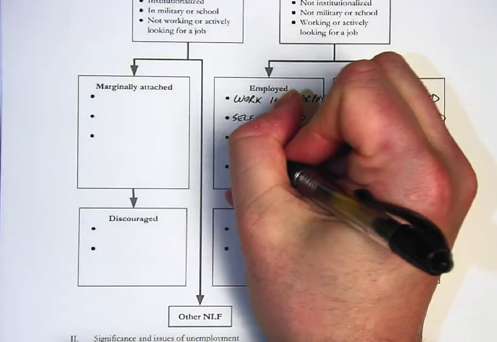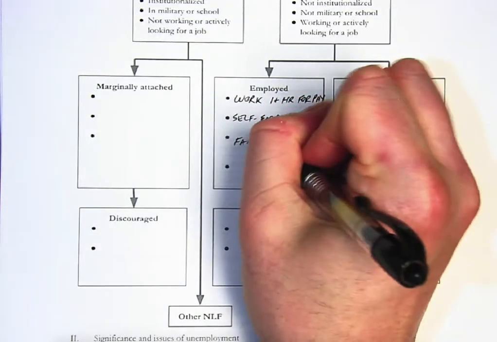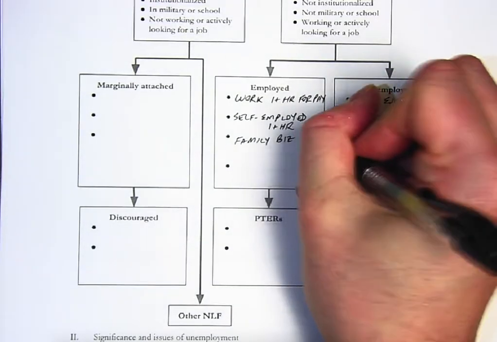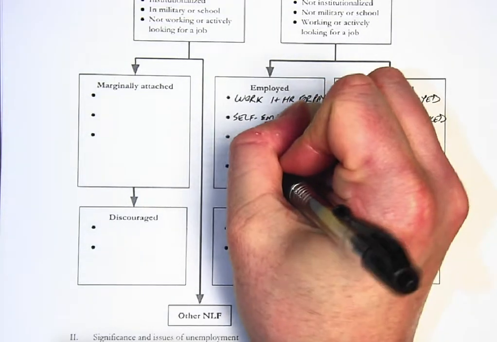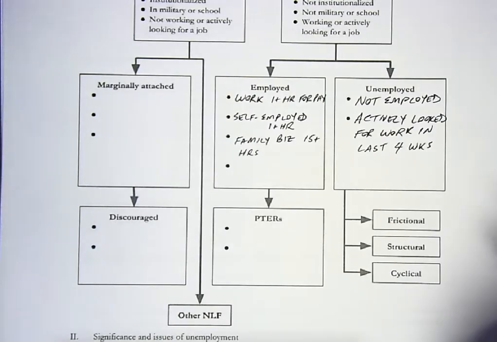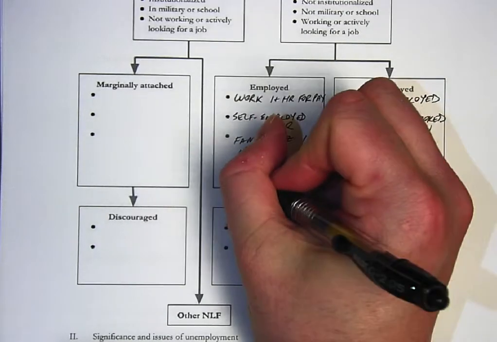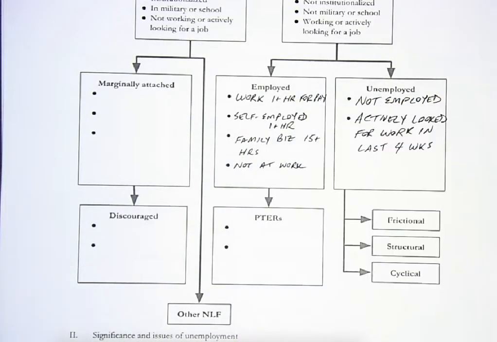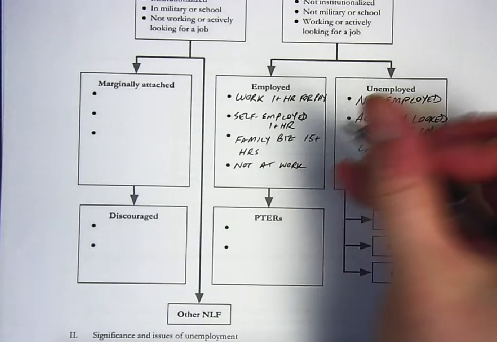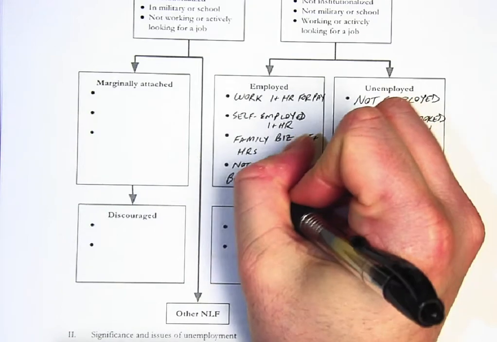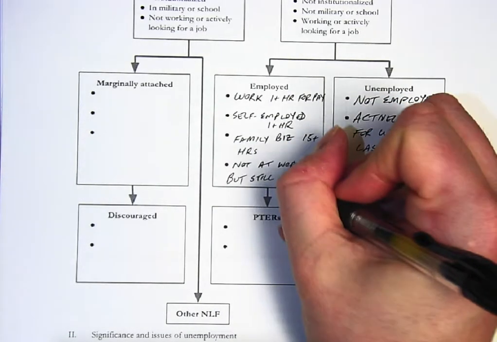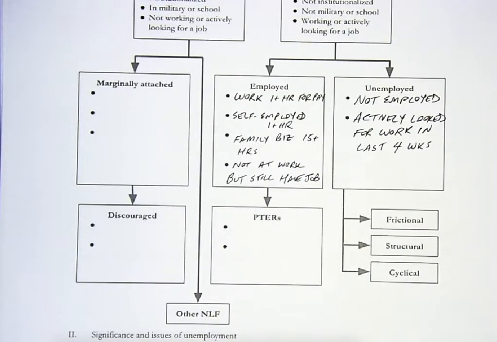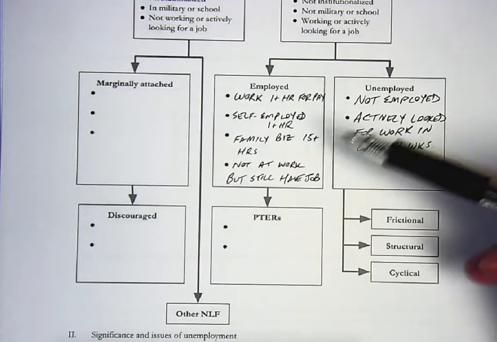Or if you worked in a family business, and for this you had to work 15+ hours, even for no pay. Or you're not at work this week, but you still have a job. For example, if you were sick, or on strike, or on vacation, you're still counted as employed.